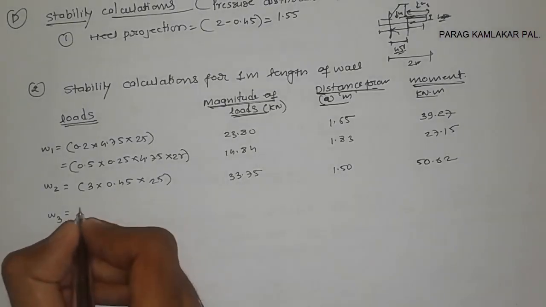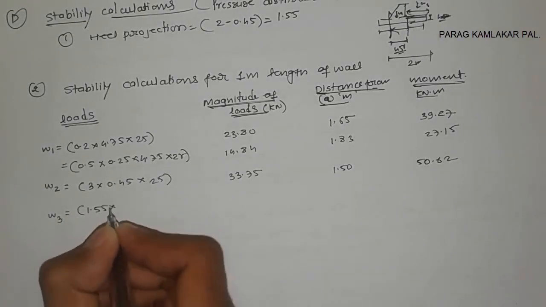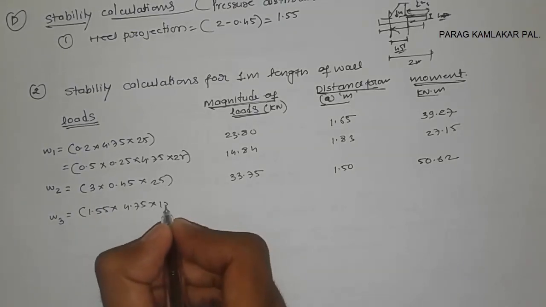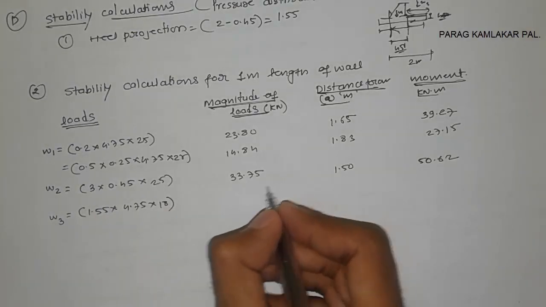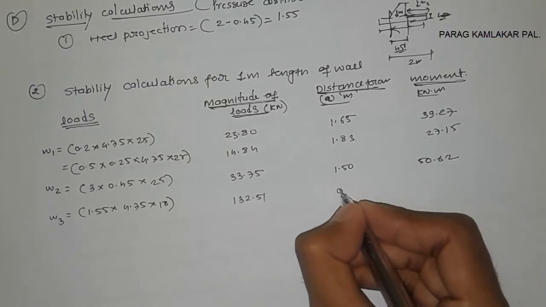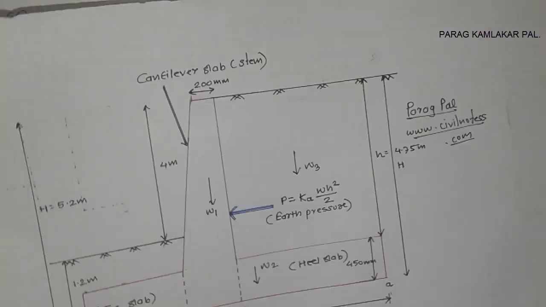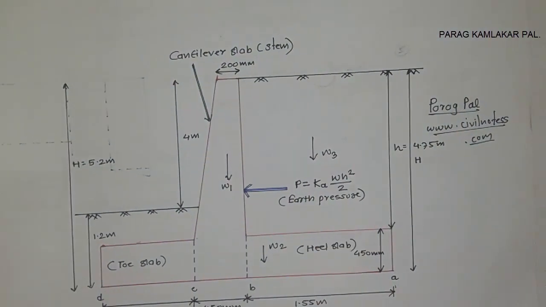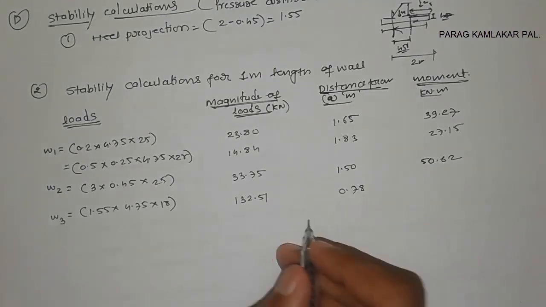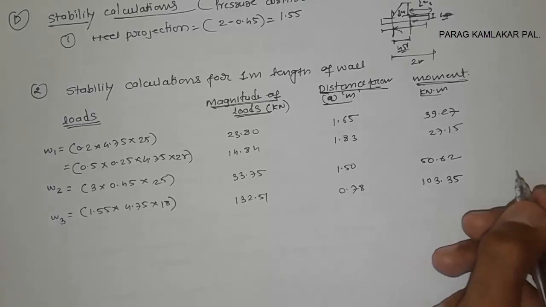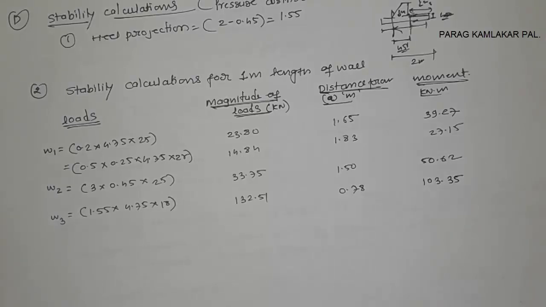So it is 1.55 multiplied by 4.75 multiplied by 18, which gives 132.51, and the distance is 0.78. Here W3 is taking half, so it is 0.70. When you multiply it, we get the 103.35 moment.